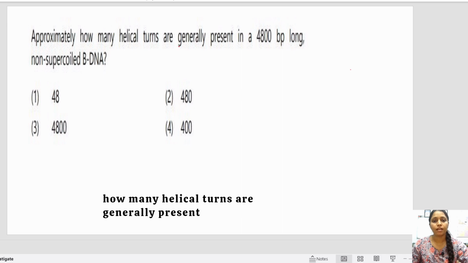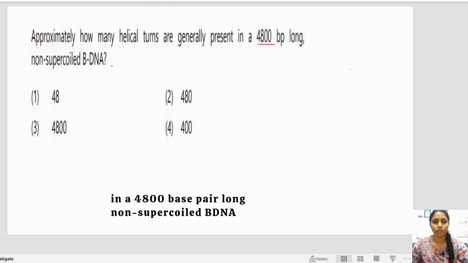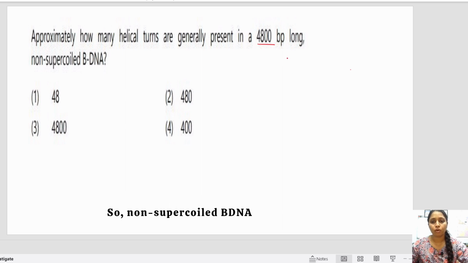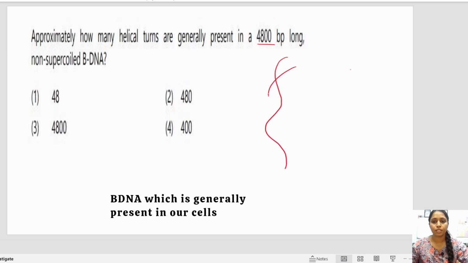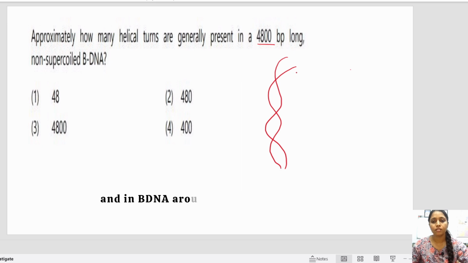Next is, approximately how many helical turns are generally present in a 4800 base pair long non-supercoiled B-DNA? Non-supercoiled B-DNA is generally present in our cells, and in B-DNA around 10 base pairs are present per turn.